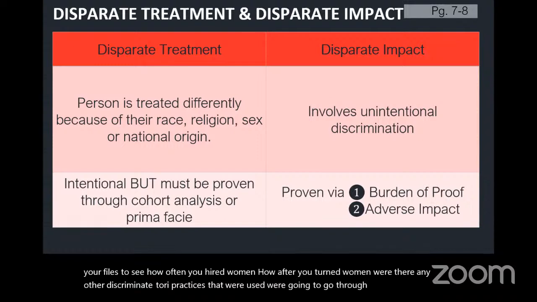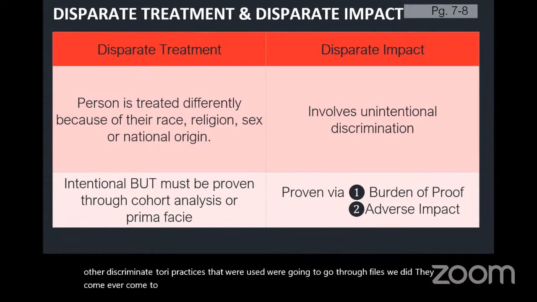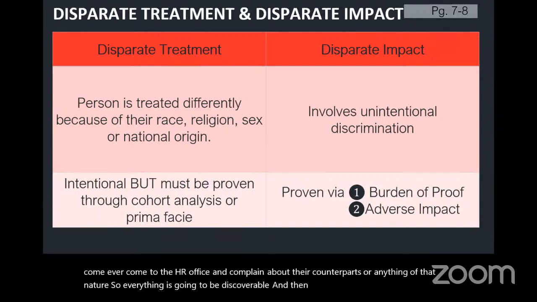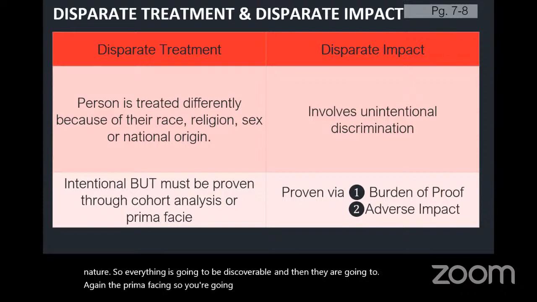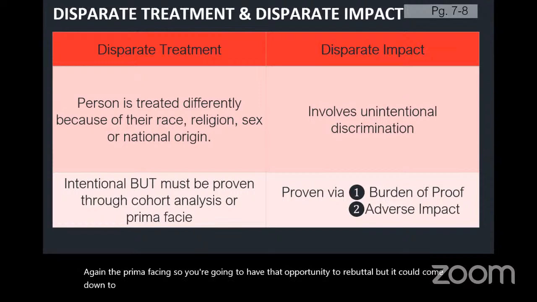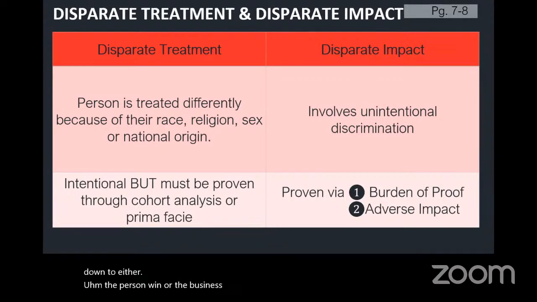Did they ever come to the HR office and complain about their counterparts or anything of that nature? So everything is going to be discoverable. And then again, the prima facie. You're going to have that opportunity to rebut, but it could come down to either the person winning or the business winning there.